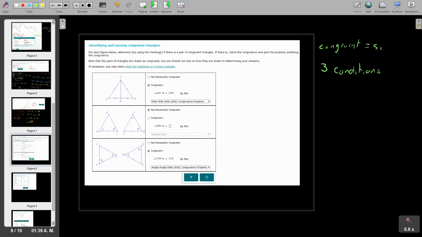Congruence means similar, of the same length.